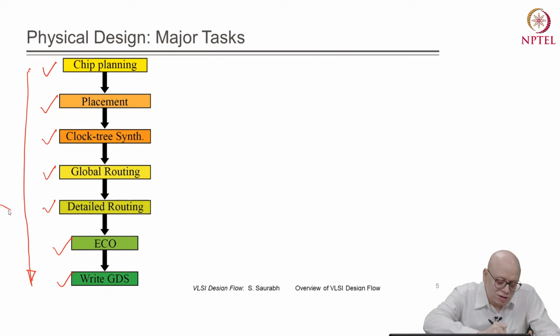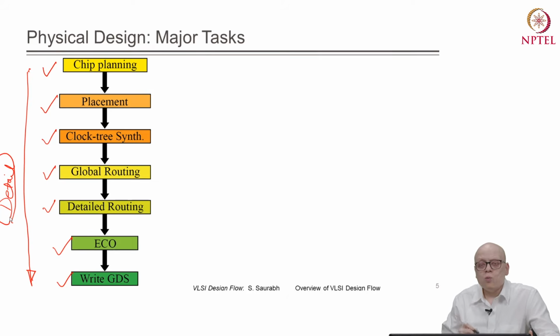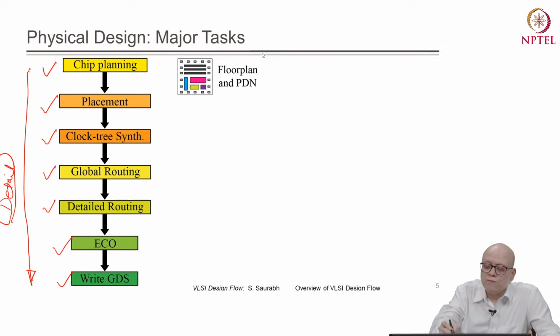So, details go on being added into the design, and what are the details that we add in each of the physical design tasks that we have mentioned here. Once we do the chip planning, we do a kind of floor planning.